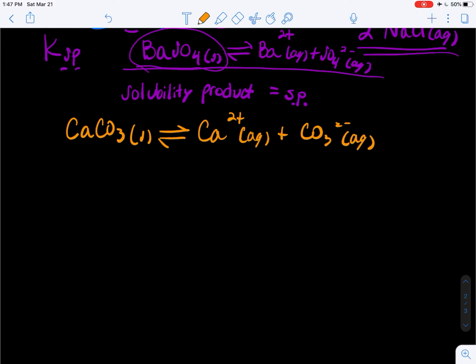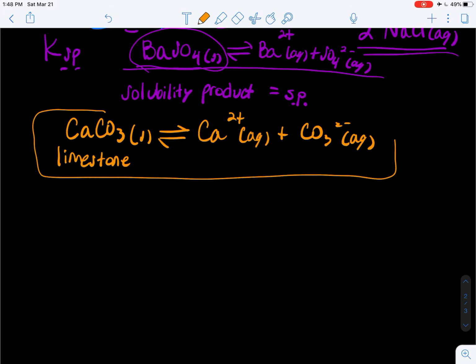Okay, this is a component of limestone, and caves form by this reaction happening from left to right over thousands of years to produce hollow structures under the earth. So that's how the bat cave would be formed. So this is the chemical equilibrium. It's balanced. The coefficients are all just 1, 1, 1, 1, 1.